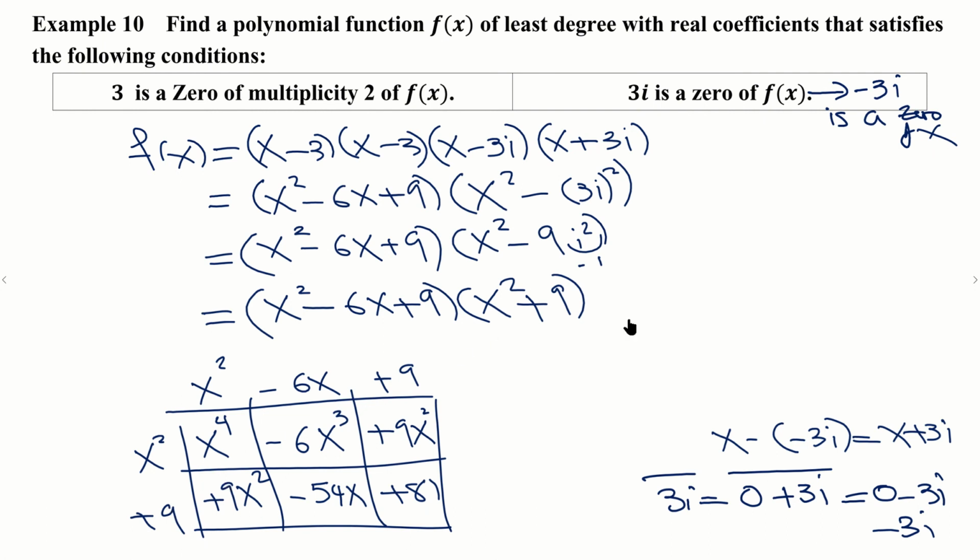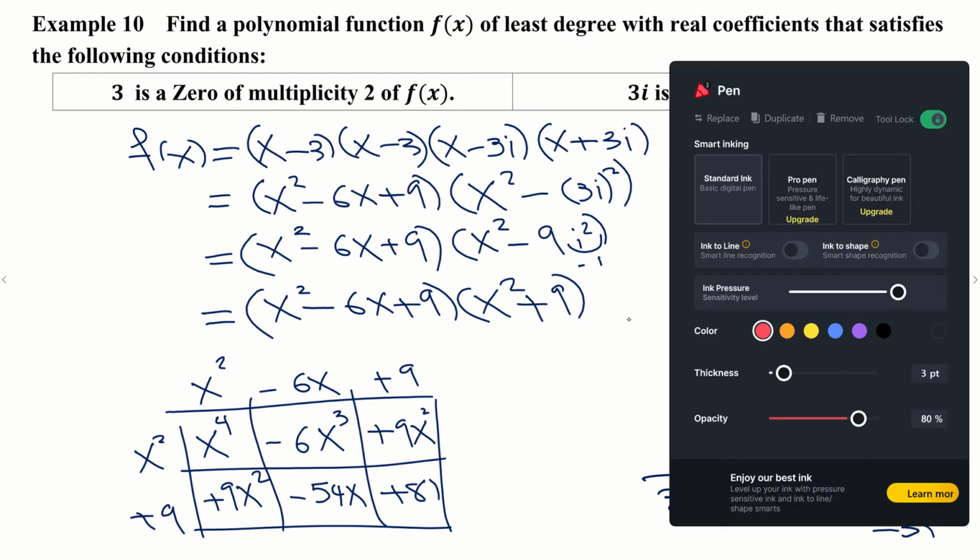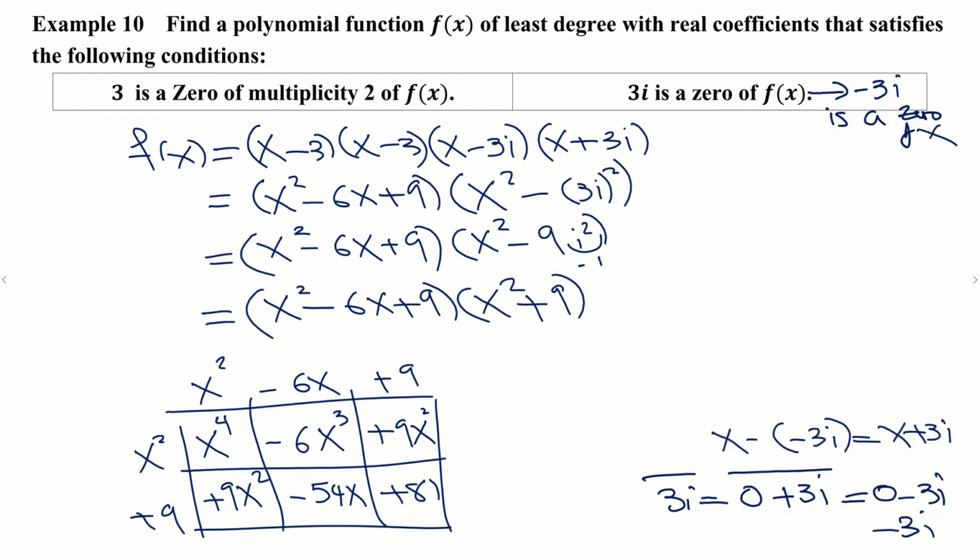So notice that I can go ahead and group 9x squared with 9x squared, right? And that's the only grouping that's possible. There are no other like terms. So finally we say f of x equals x to the 4.